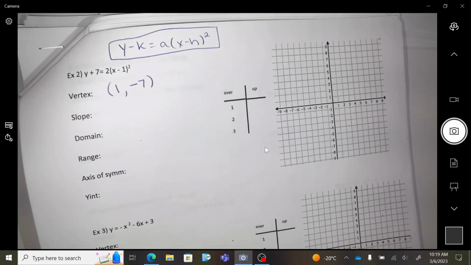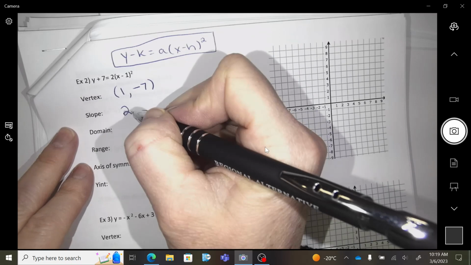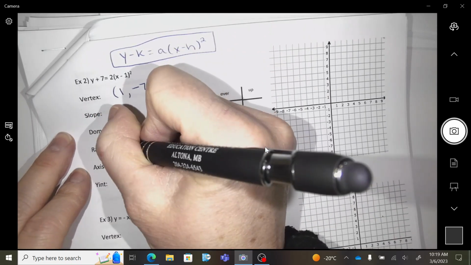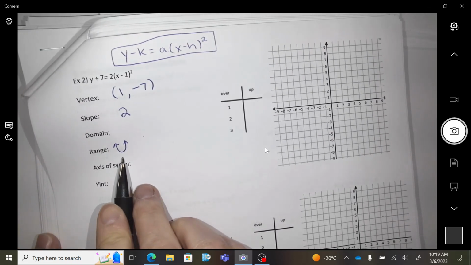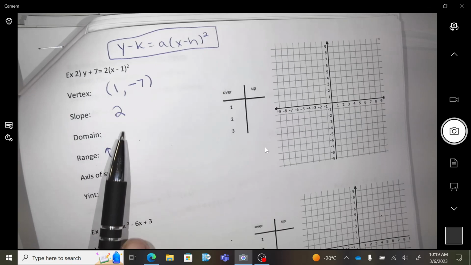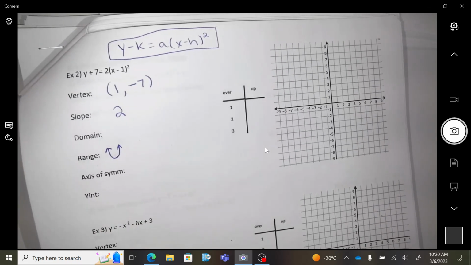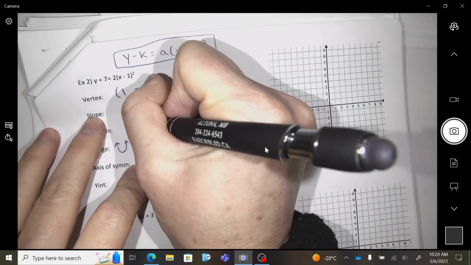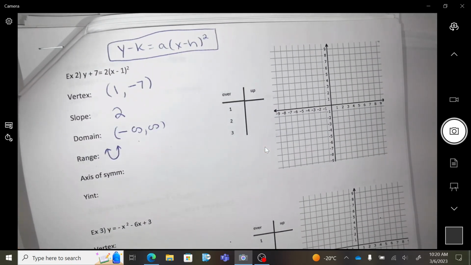And the slope multiplier number is 2, which I'm quickly going to draw my sketch at the range that if it's 2, this thing is opening upward. 2 tells me it will open up. So the domain is negative infinity to positive infinity, right?